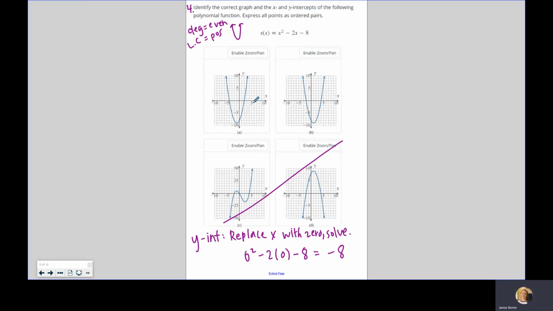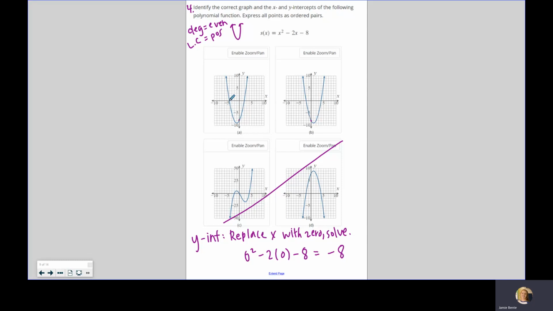So we know that it should cross the graph at negative 8. So let's see, negative 5, negative 6, negative 7, negative 8. So that's negative 8. Let's check this one. That's negative 5, negative 6, negative 7, negative 8. Oh, they're crossing at the same point. Well, no, look, our x-intercepts are different.